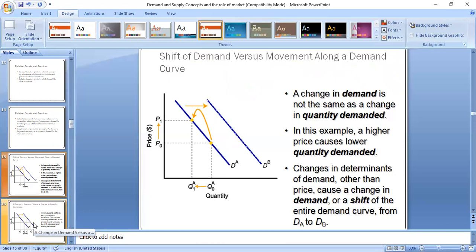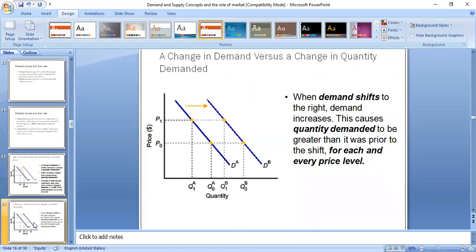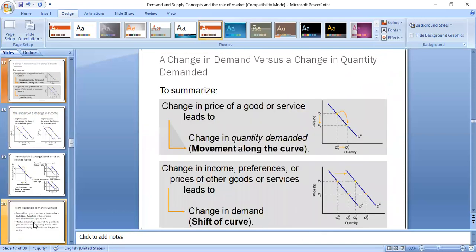So the change in demand can either be an increase in demand or a decrease in demand. So at that particular graph there, we are seeing a change in demand, which is basically an increase in demand, illustrated by the shift of the demand curve to the right or outwards.